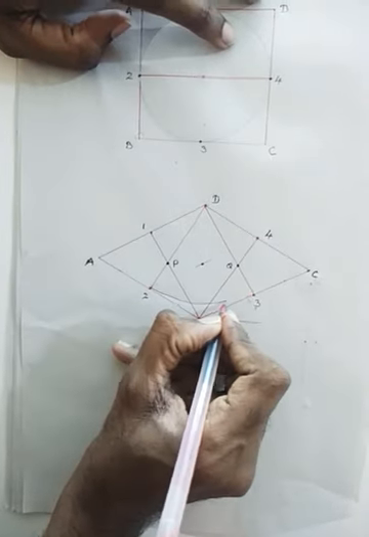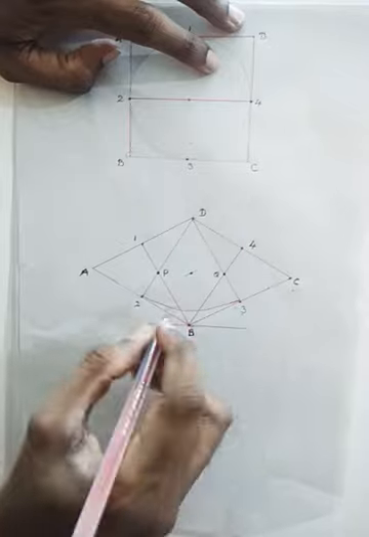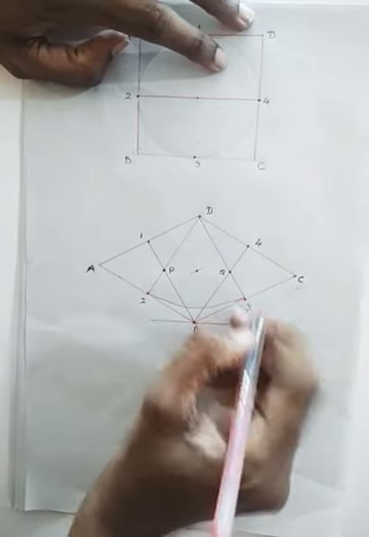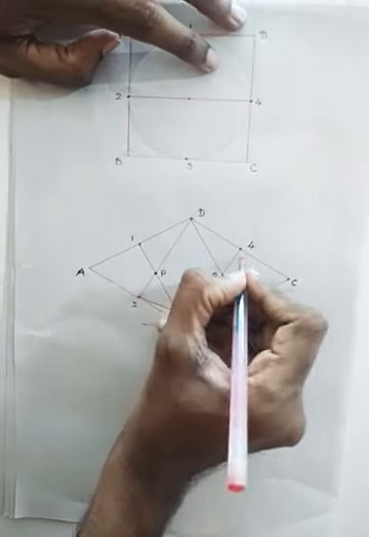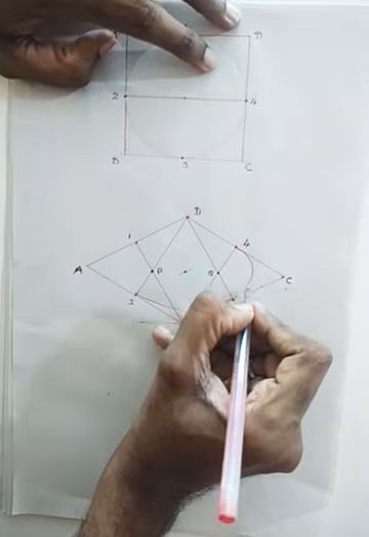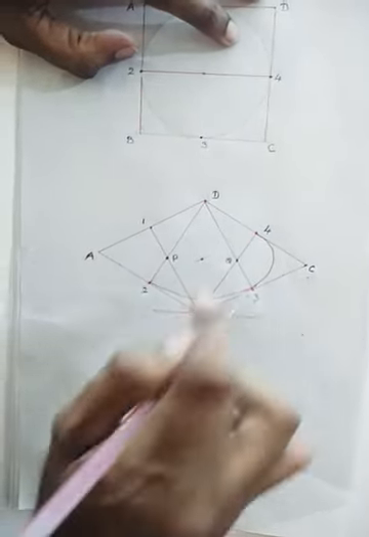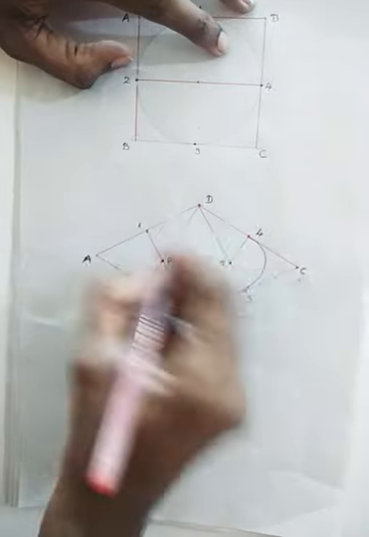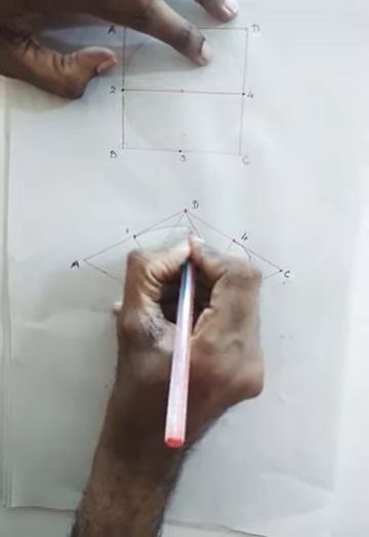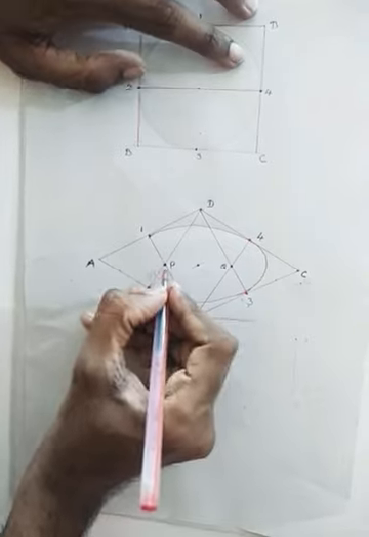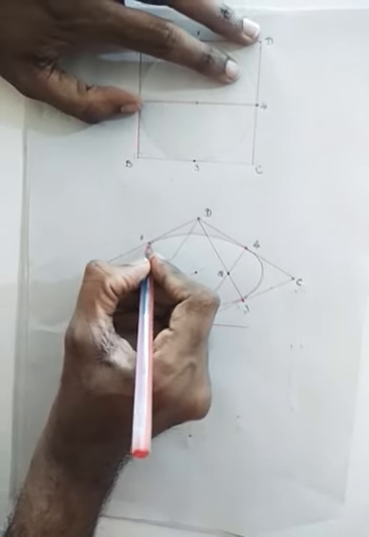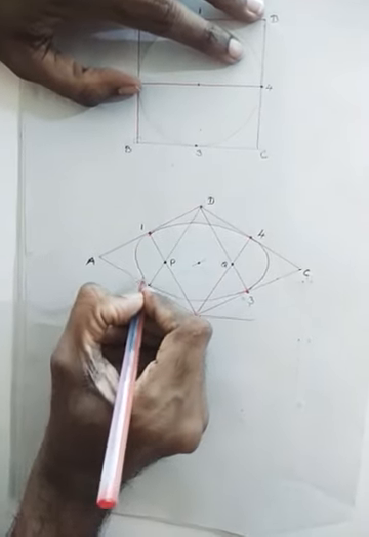That arc will meet exactly at 3. Next, Q as center, Q3 as radius, draw another arc. That arc will meet exactly at 4. Next, B as center, B4 as radius, draw another arc. It will meet exactly at 1. And P as center, P1 as radius, draw an arc. It will meet exactly at 2.